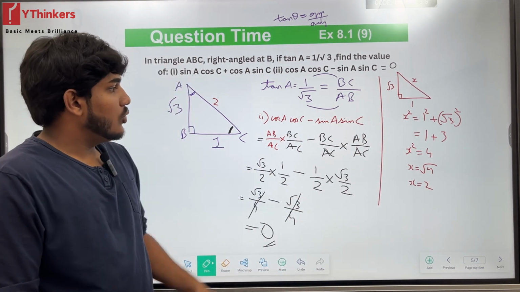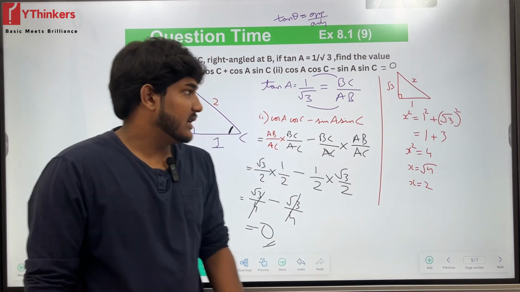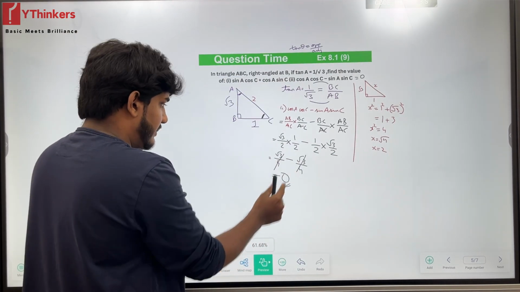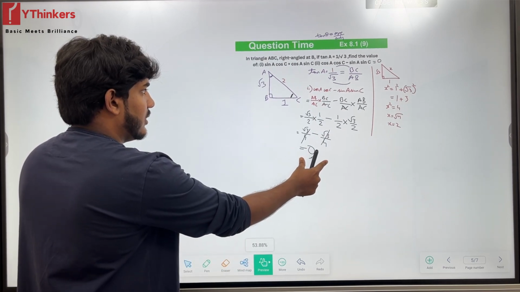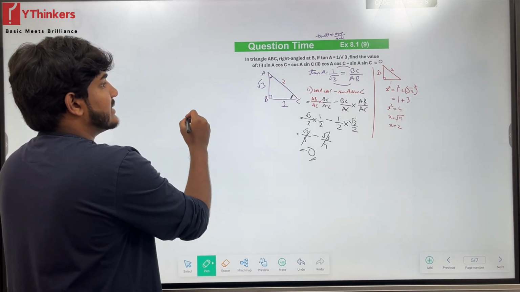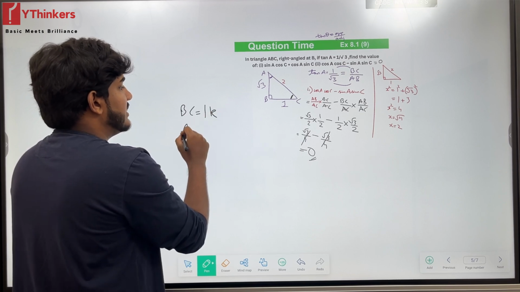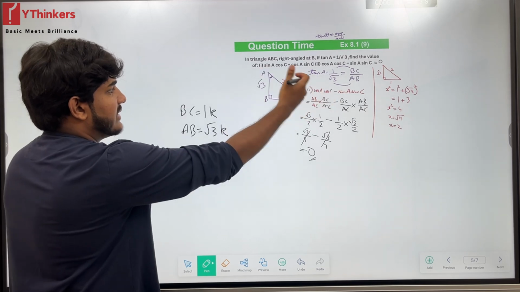One more thing: when you're doing this, I directly wrote BC is equal to 1. But many syllabuses or different people or different teaching methods take it like this. They write BC is equal to 1K, AB is equal to √3K, then they find it using the Pythagoras theorem.